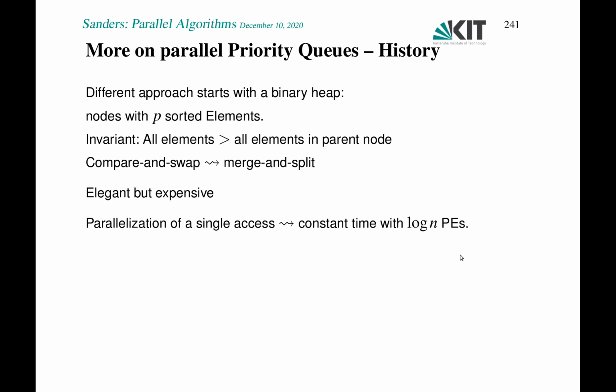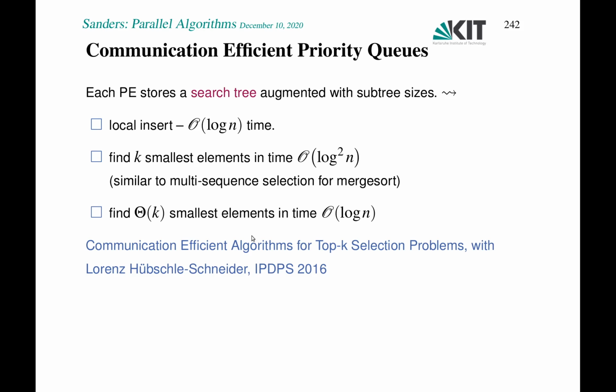But that is also quite limited parallelism, and I kind of doubt that the overheads would be warranted, and that overall you may not get a speedup at all. Another refinement that we looked at more recently together with my PhD student Lorenz Hübschle-Schneider.